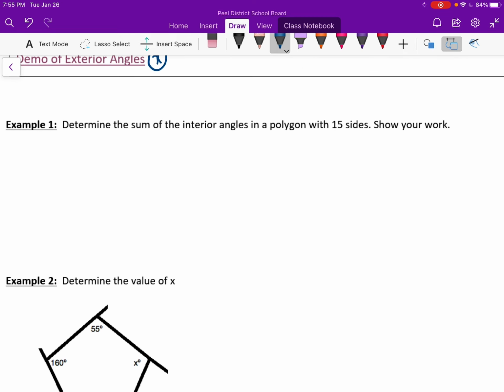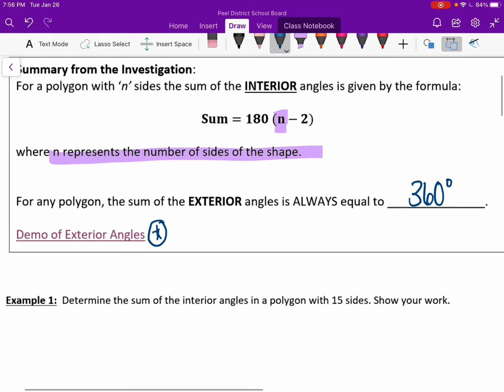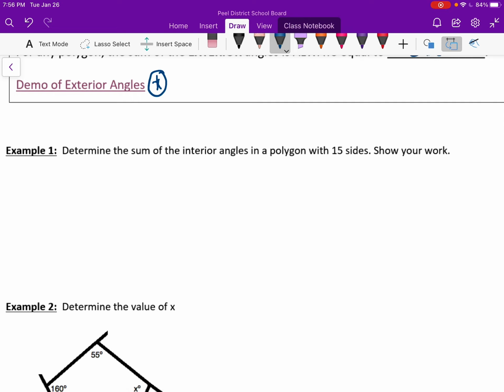So if we're going to determine the sum of interior angles of a polygon with 15 sides, let's do that together using this formula. I know that the sum of my interior angles is going to equal 180 times n minus 2. I know that it has 15 sides, so that means n is going to equal 15.